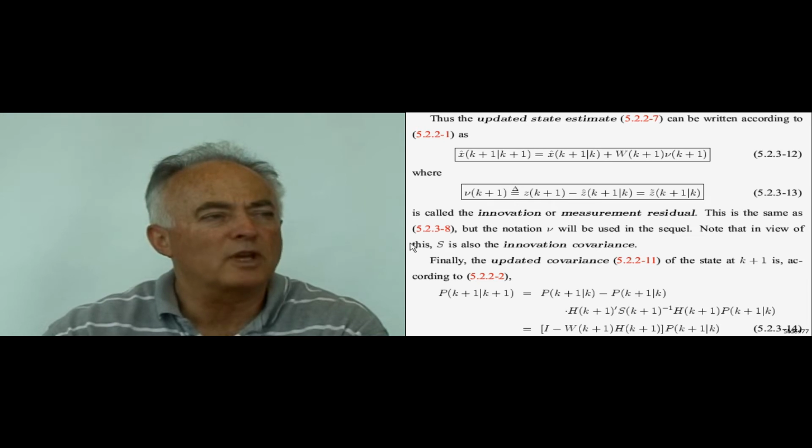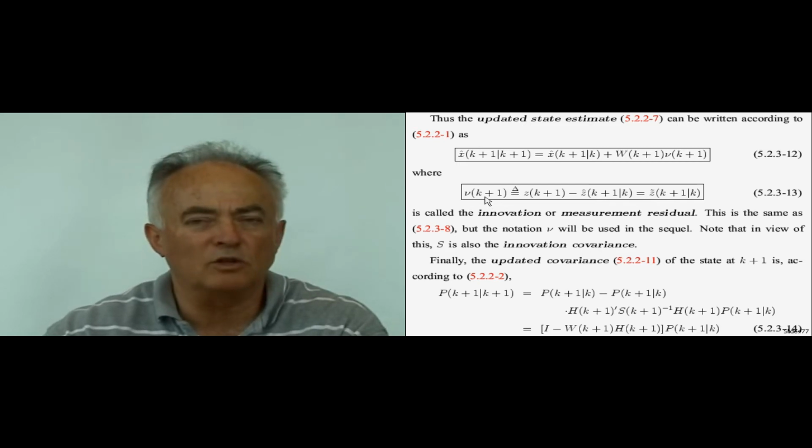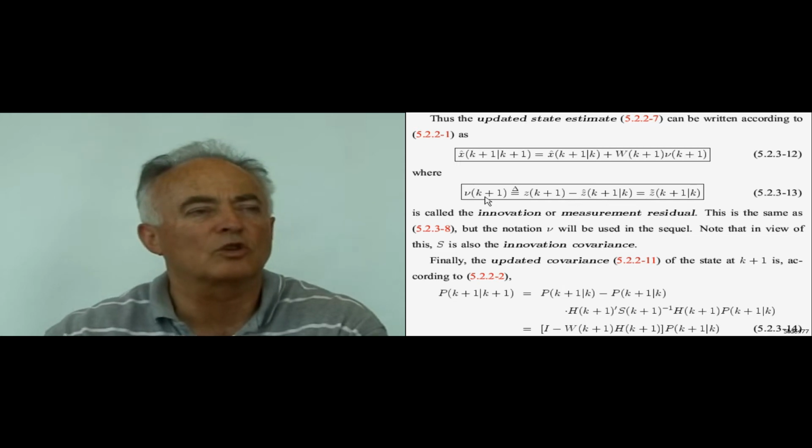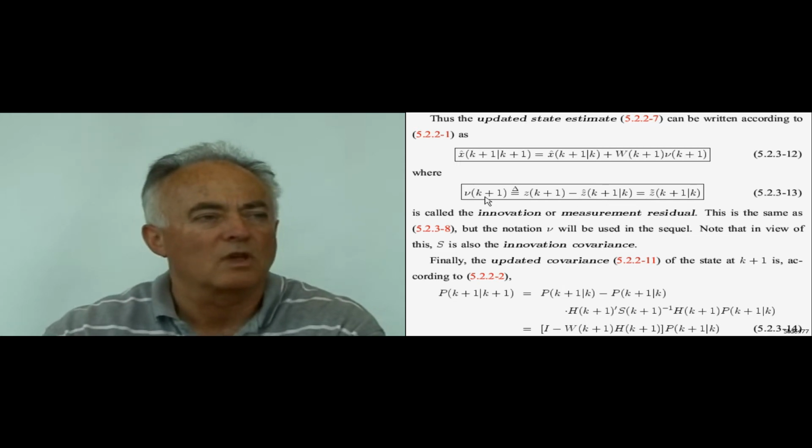Now, S being the covariance of the predicted measurement, it is also the covariance of the innovation. So we have now a new name for S, the innovation covariance.